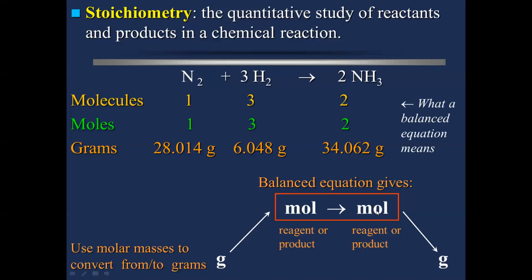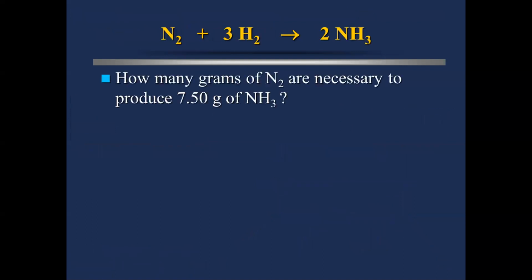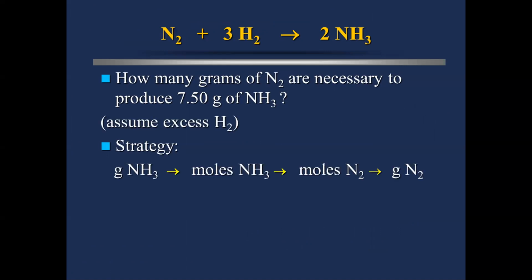From the moles of product times the molar mass of the product, we can know how many grams of the product can be made. So let's do some practice. We did this before in the last class, so I just repeat what we learned.